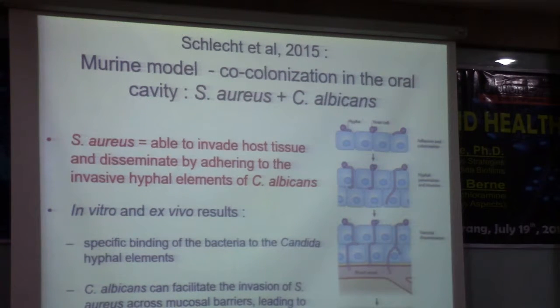So the infection is quicker than when there is only bacteria. Staphylococcus aureus has been shown to invade host tissue and disseminate by adhering to Candida albicans cells. This has been shown both in vitro and ex vivo by the colleagues. And so Candida albicans can facilitate the invasion across mucosal barriers, leading to systemic infection in co-colonized patients.